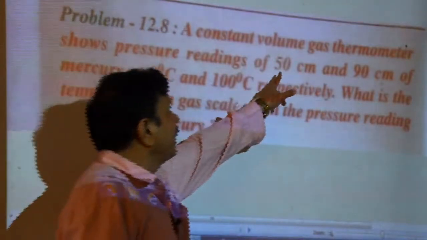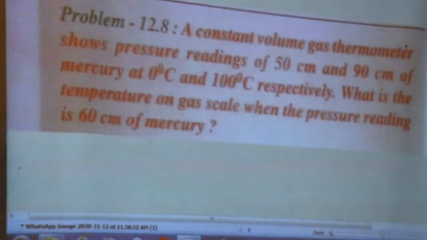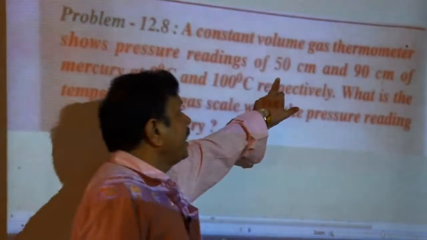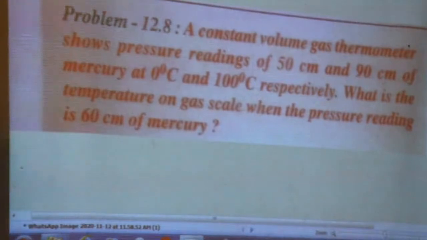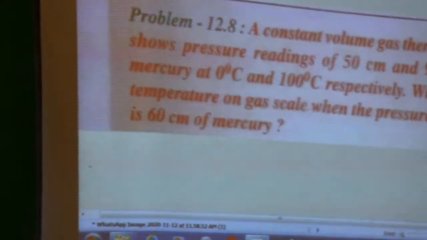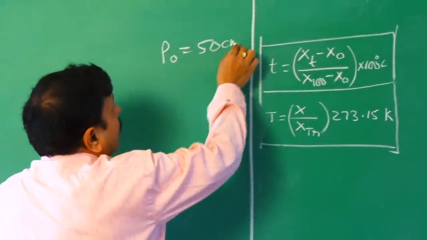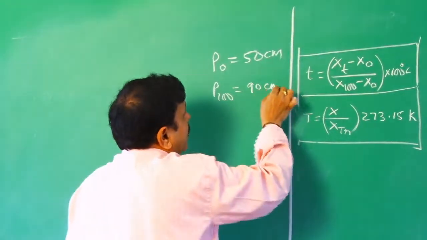It means it is a reading of pressure at 0 degree Celsius, so we can write that as P0. P0 equal to 50 centimeter and P100 equal to 90 centimeter.